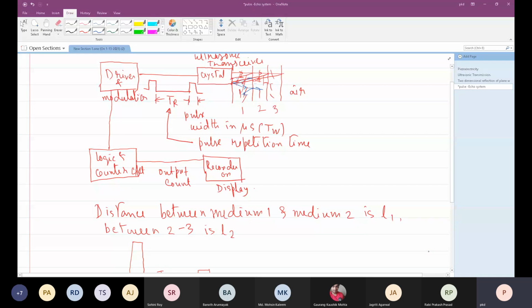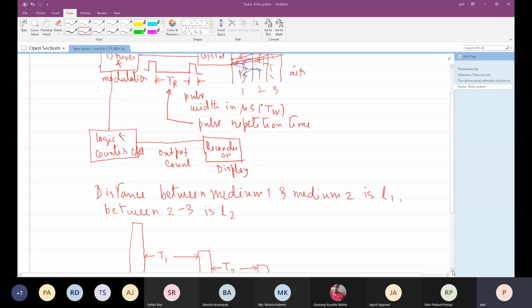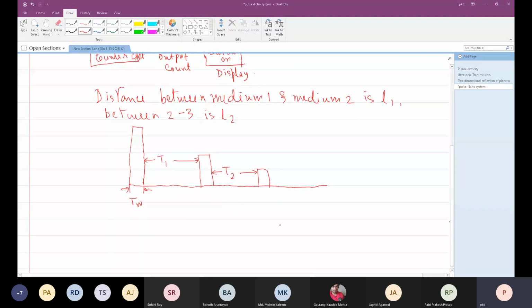And all those reflections will be detected by the detector. However, every time there is a reflection, the strength, that is the height of the pulse or the energy in the pulse, will be multiplied by the reflection coefficient alpha. So the decrease of the pulse height depends on the number of reflections as well as the reflection coefficient.